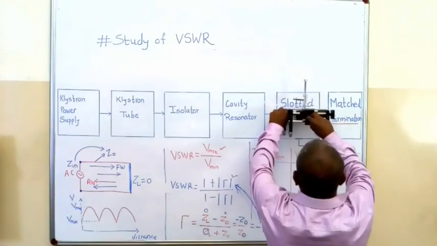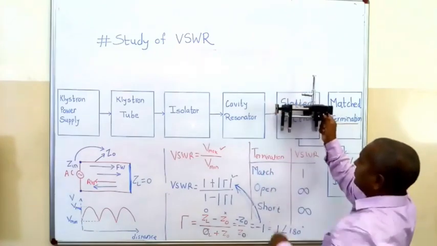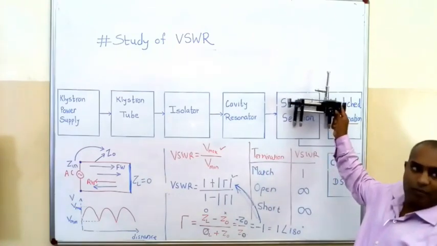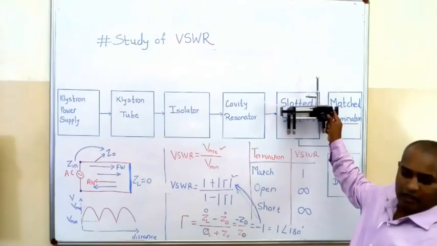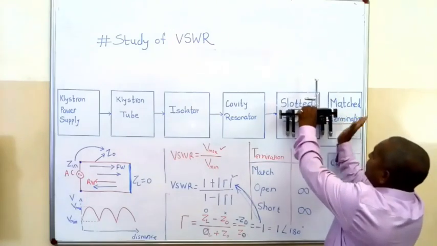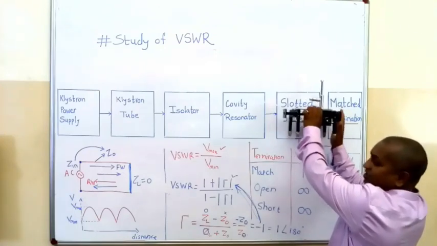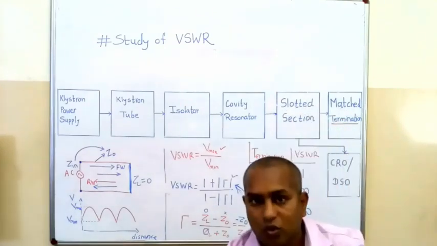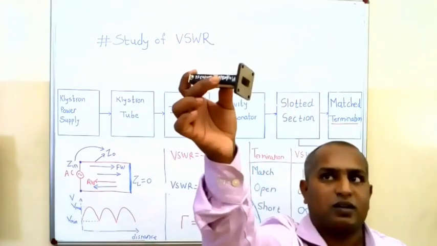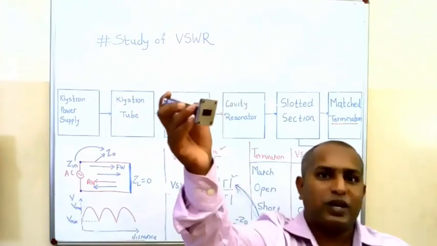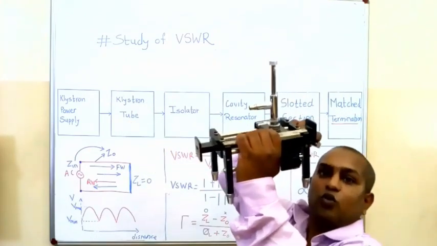Keep this probe position towards the load, because we are measuring the VSWR and reflection coefficient from the load side, and here use a match termination. This portion is known as a match terminator, so the impedance of this port and the impedance of this port would be the same.